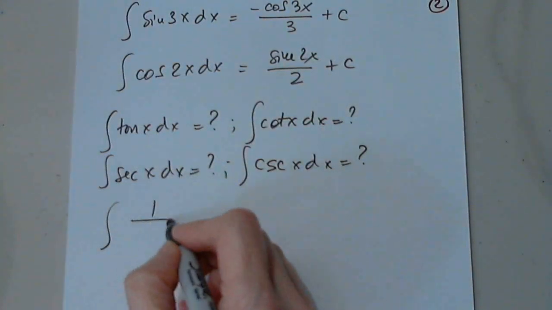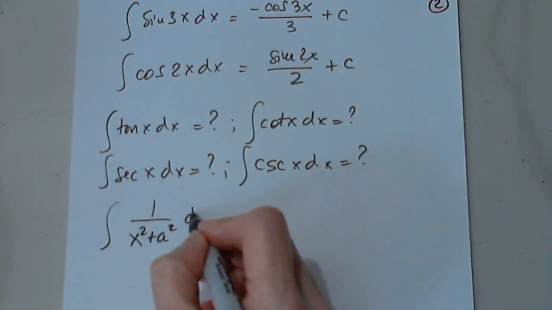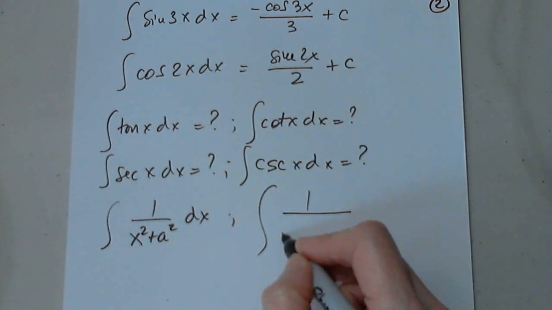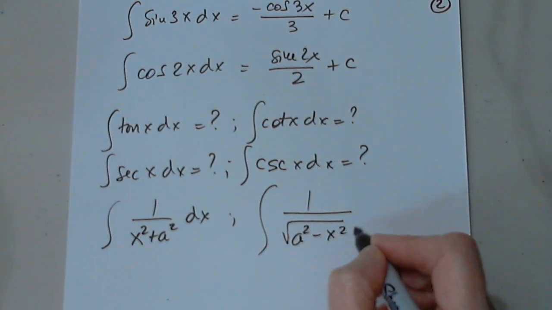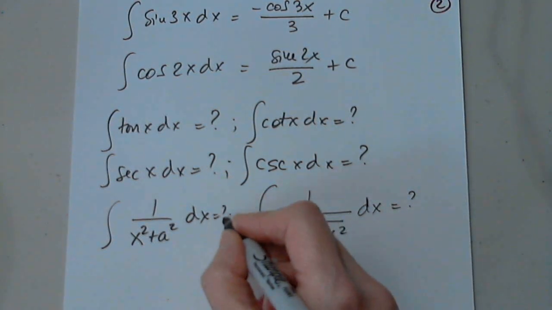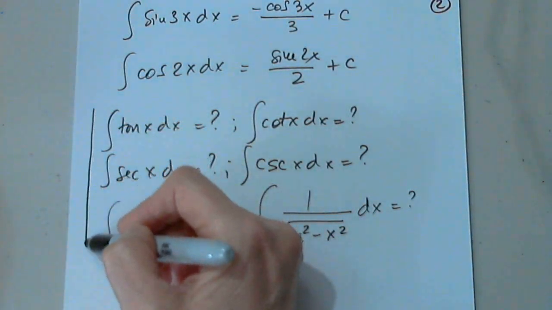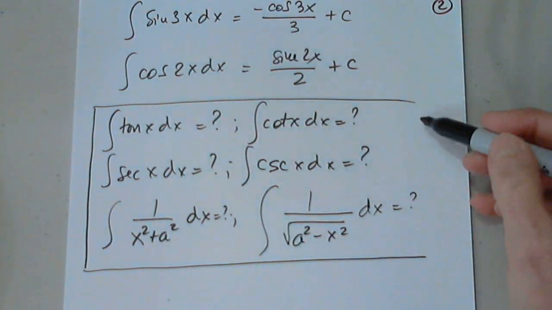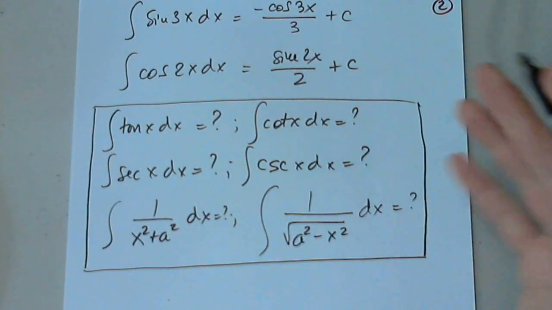The integral of 1 over x squared plus a squared dx, and one more, 1 over the square root of a squared minus x squared dx, and see what these are. So I would like us to establish the process for these, and then you can carve them in stone.